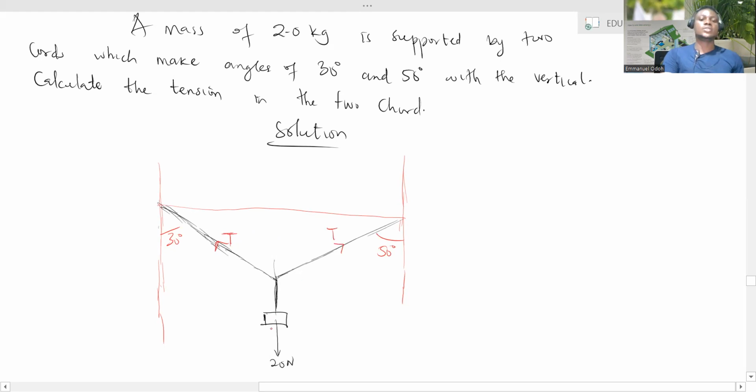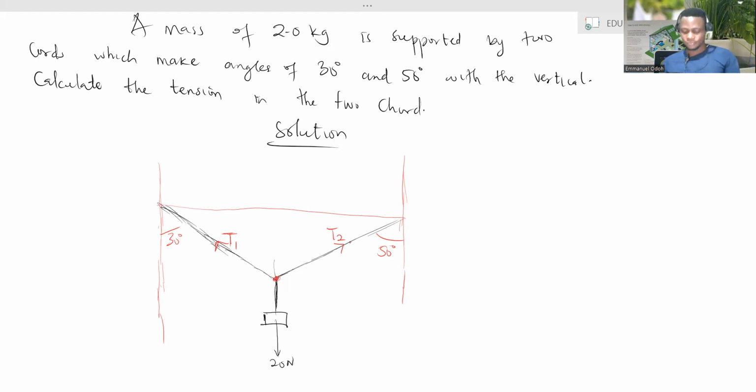We can see these are concurrent forces, all of them at this point. The tensions may not be equal, so let's call them T1 and T2.